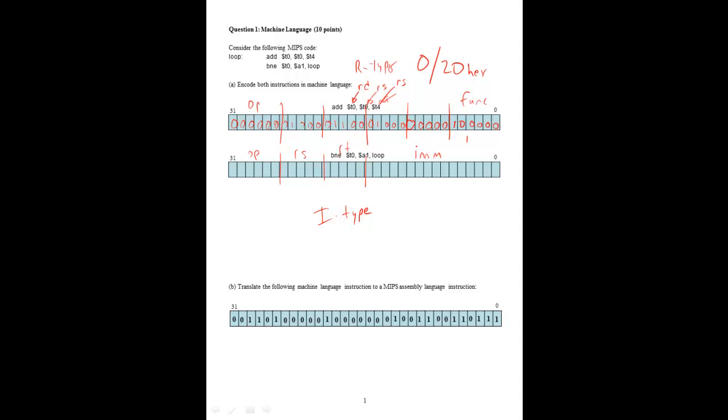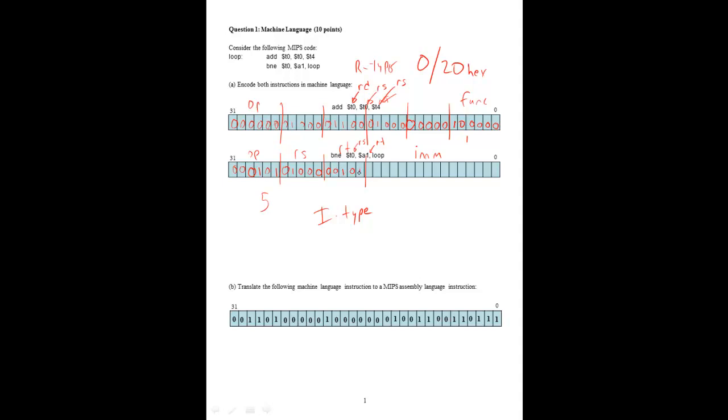The opcode for a branch if not equal is 5 in hex, so that means my first 2 bits are 0 followed by the number 5, and my register specifiers are T0 is going to be in RS and A1 is going to be in RT. So again T0 we already saw before is that bit pattern, followed by A1, which I look up in my table, is going to be 5.